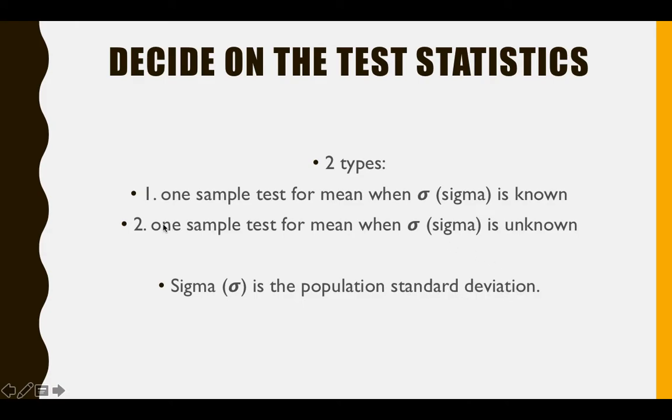The second test is called one sample test for mean when the sigma is unknown. So you have no idea what the population standard deviation is. You can choose either of the two tests, depending on whether you can identify the population standard deviation or not.